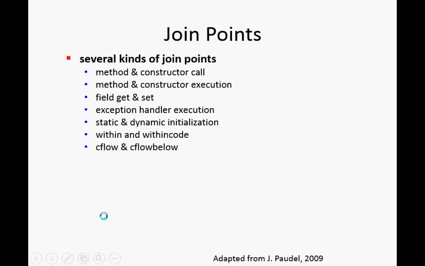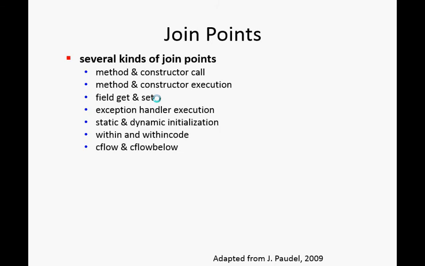Okay, and we've seen some of them: method and constructor calls, method and constructor execution, gets and sets to fields are another thing. We're going to set or get the value of a field. We may wish to catch those and perhaps log them. Perhaps record the values that are set and get, that are obtained there or set.